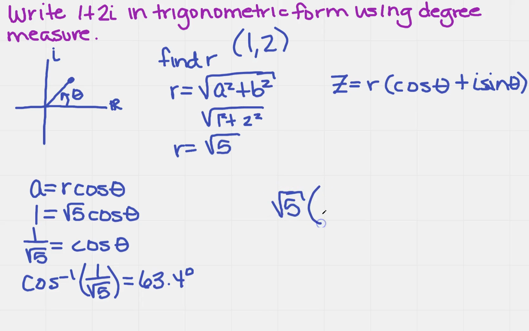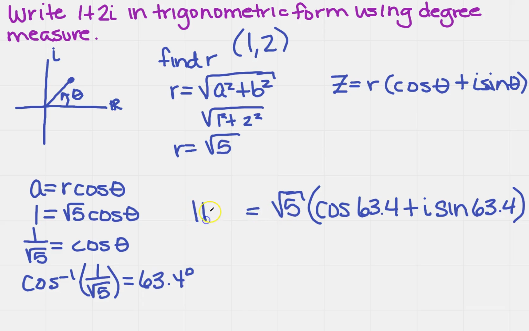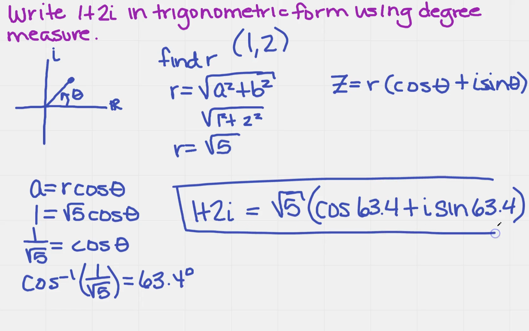And then I'm going to plug in what I know. Well, I know that I have the cosine of, and I found theta, which is 63.4, plus i sine of theta, which is 63.4. So this is what 1 plus 2i is equivalent to in trigonometric form.